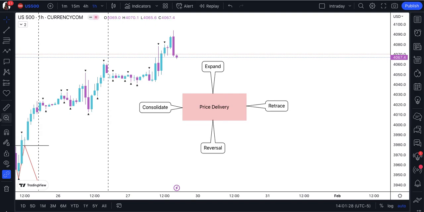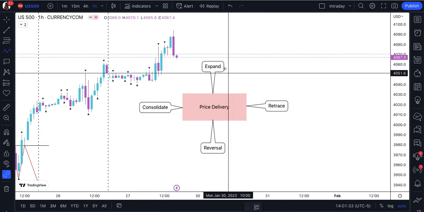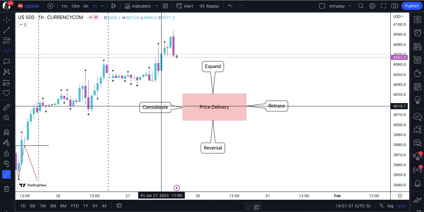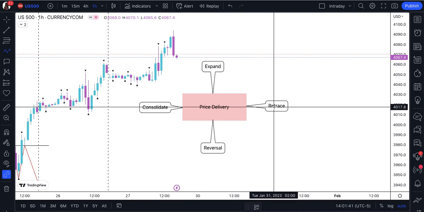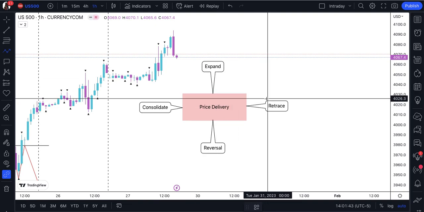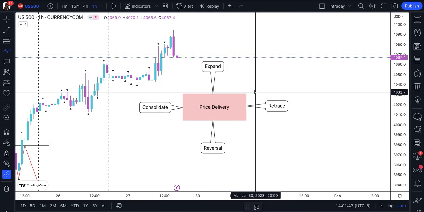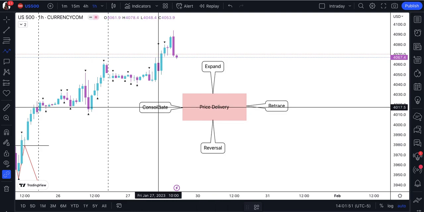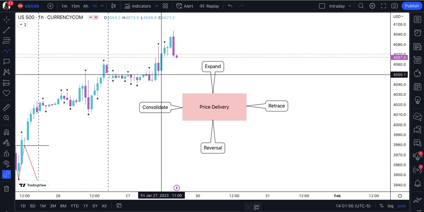So let's see if I can draw this. Expansion always comes, so we always start with consolidation. Then price will expand, then it will retrace, or retrace and expand again, or it'll reverse. So you start here, it will consolidate, expansion, retrace, expansion.